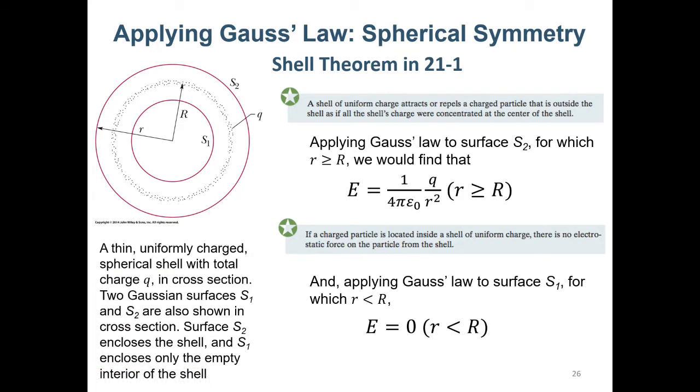Gauss law: epsilon 0 times the integral of E dA equals Q enclosed. So Q enclosed is actually Q, and for the sphere, the surface area is 4 pi r squared.